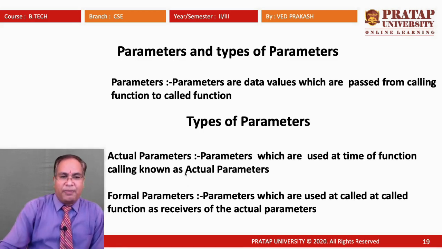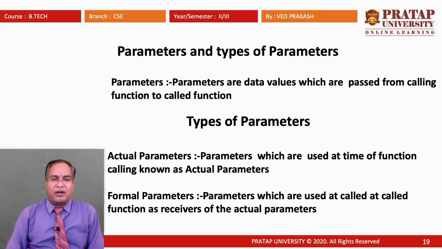And what is the formal parameter? The formal parameters are those parameters which are used in the called function as receivers of the actual parameters. So there is an interaction between actual parameter and formal parameter.